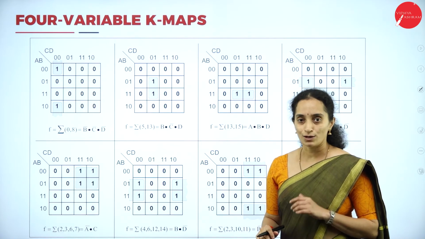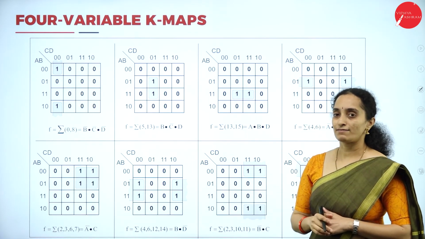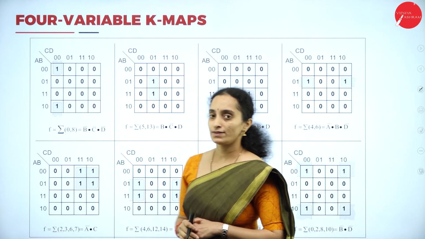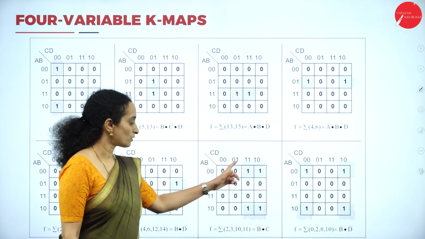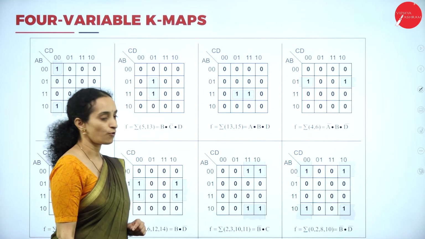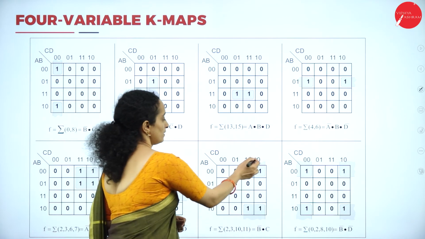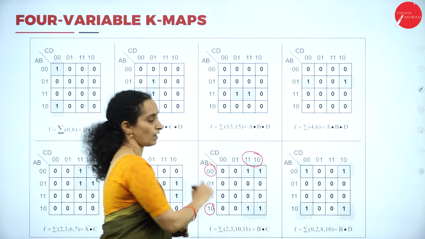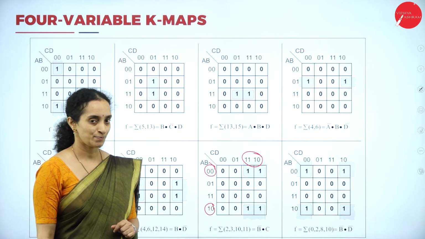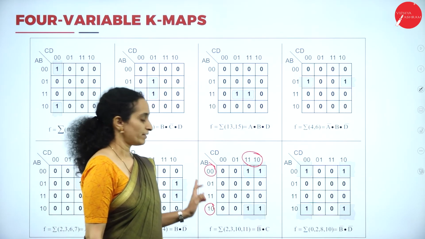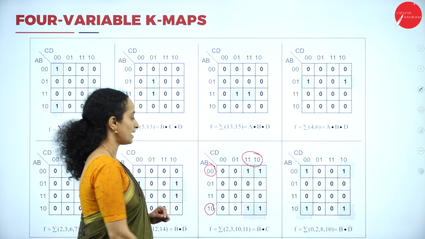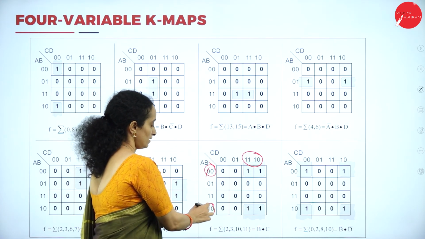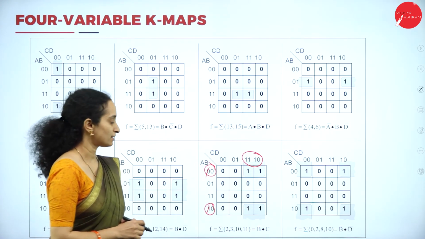Now, let's have a look at the seventh example. Seventh example has the group again with 4 ones. We have to consider these combinations. When you look at the variables A and B, A is changing the state.